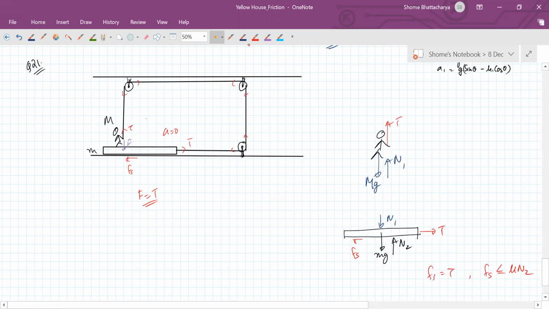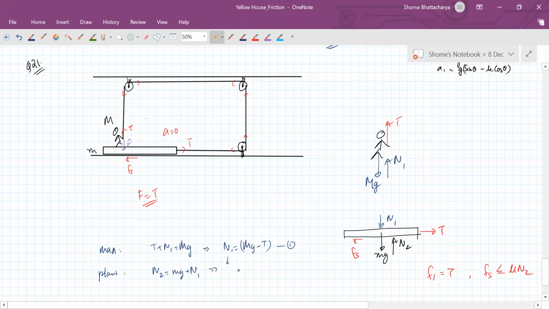Okay, so let's see the equations. From the man's free body diagram, you can see you have T plus N1 is equal to capital Mg. So N1 is equal to Mg minus T. From the plank's free body diagram, you have N2 is equal to mg plus N1.